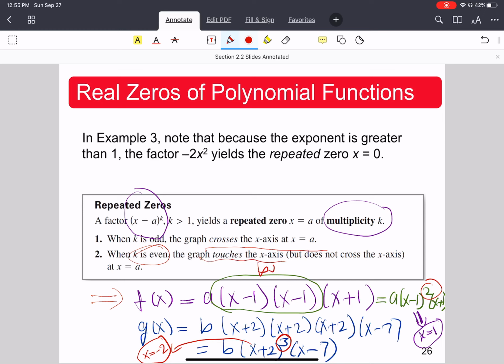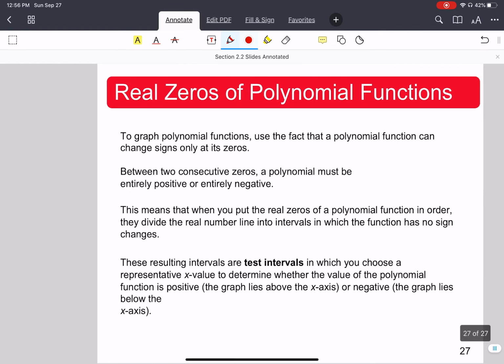It should bounce off at x equals a. So f of x will bounce off at x equals 1. That's how this idea of repeated zeros is useful. It tells you whether the graph crosses the x-axis or bounces off at the x-axis.